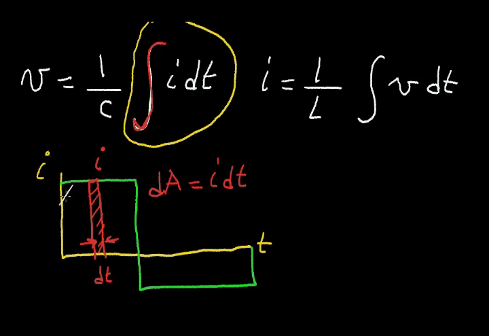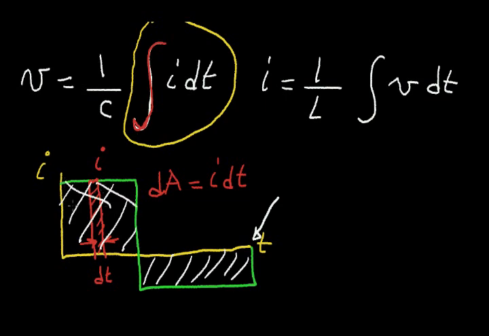If I compare this area here to the area below the curve over here, I see they're about equal. So if I ask what is the voltage at this time right here, I can look at this curve and sum this area in my mind. This area here is about equal to this area here, so they cancel out. The total area at this point in time sums to 0. So it tells me at this time the voltage is equal to 0.